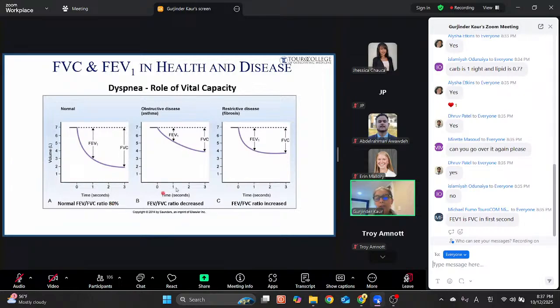Now, if you look at the obstructive disease, I explained it Friday as well. Just know that there is a difference between obstructive and restrictive disease. An example of restrictive is fibrosis. Why do we call it restrictive? Because the patient has problems inflating the lungs or keeping the air in the lungs, because the lungs are very scarred, thick tissue, fibrotic.